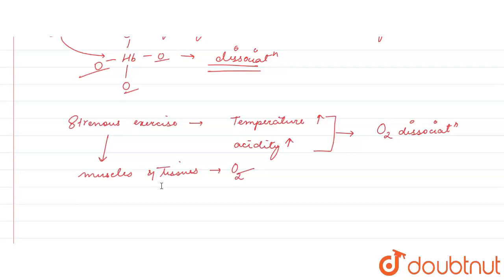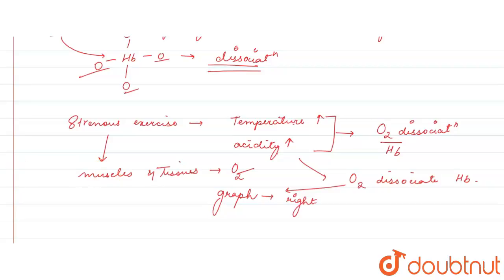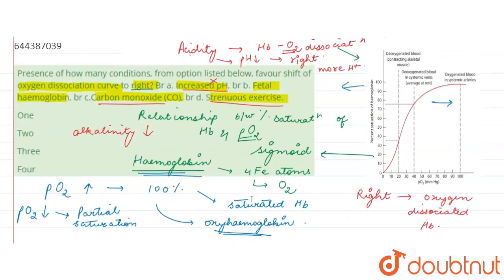So it cannot stay in the bound form with the hemoglobin. So temperature and acidity increase. It will cause the oxygen to dissociate from hemoglobin, and thus the curve will shift towards the right during strenuous exercise. So from the above options, only strenuous exercise will shift the oxygen dissociation curve towards the right. So here the first option will be correct.